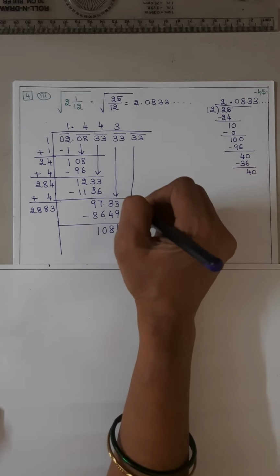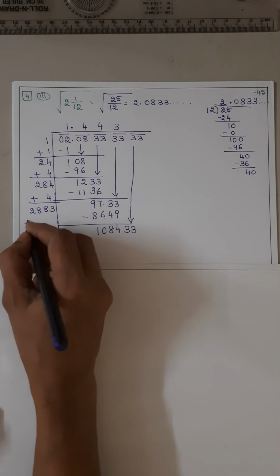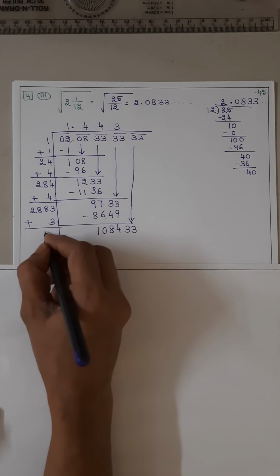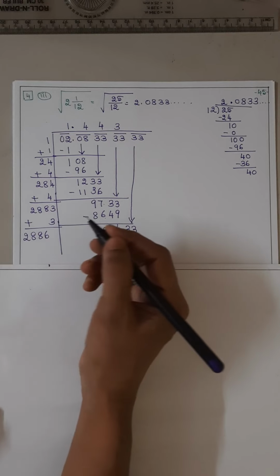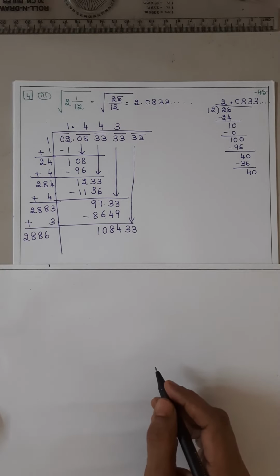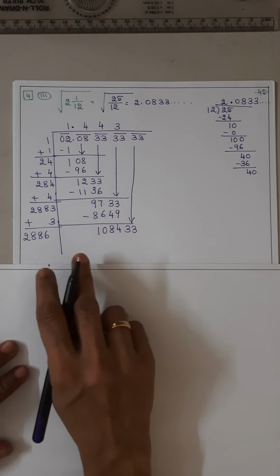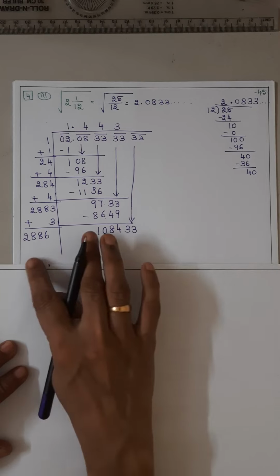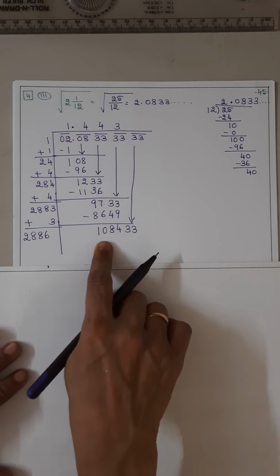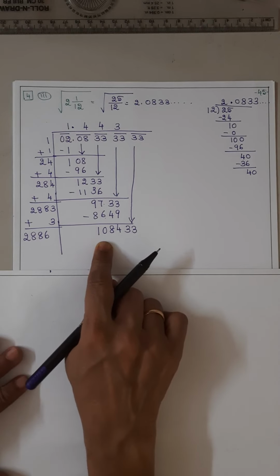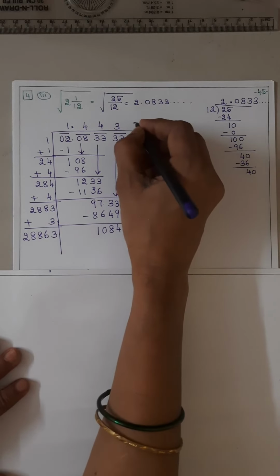Now bring 33 down. Add 3, 3 plus 3, 6, 8, 8, 2, 2, 8, 8, 6. Now 4 digits and 6 digits. So we are asking with the 1 and 2 digit, isn't it? So 2 5s are 10, but 5 will be bigger. Even 4 is also bigger. So we have to put only 3.